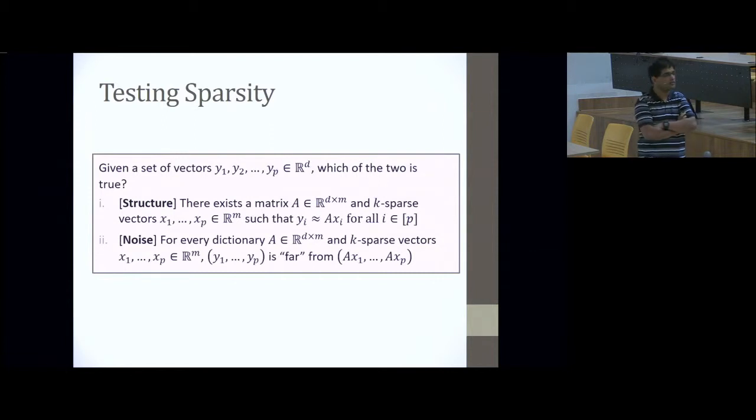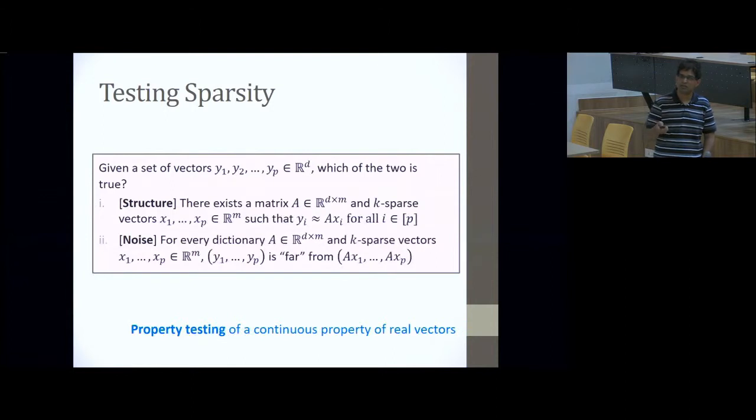Each of the vectors is k-sparse. Each x1 through xp is k-sparse. The hypothesis class is a set of input vectors which can be represented as a matrix times k-sparse vectors. So you're trying to test a continuous property of real vectors.